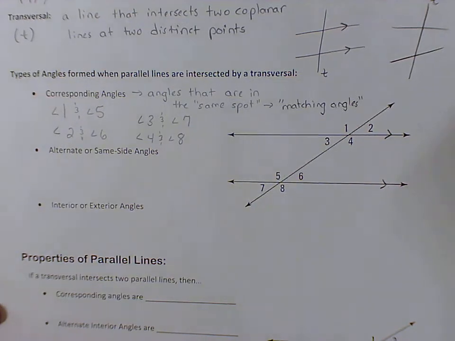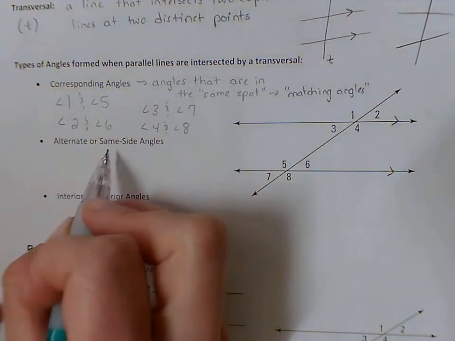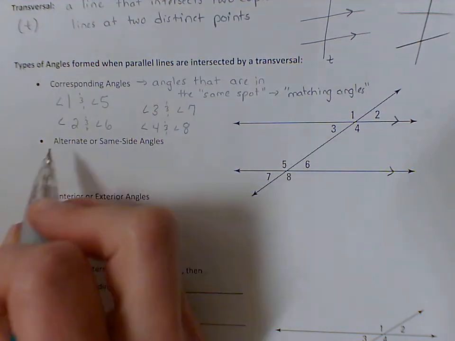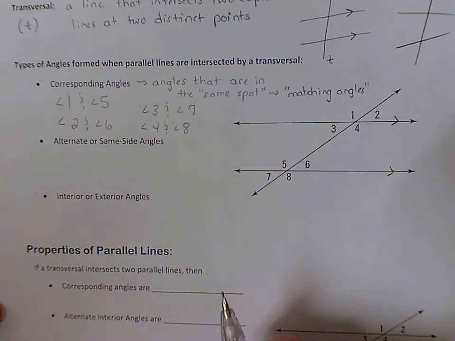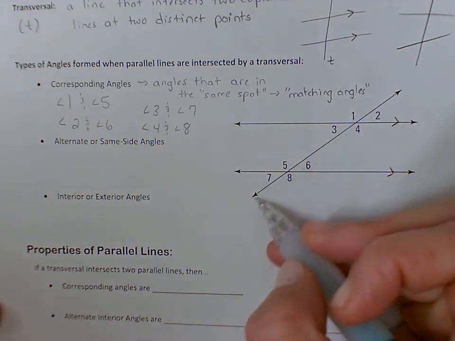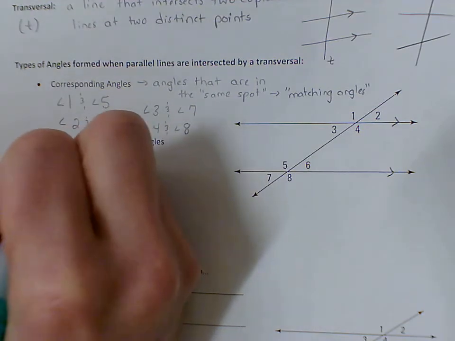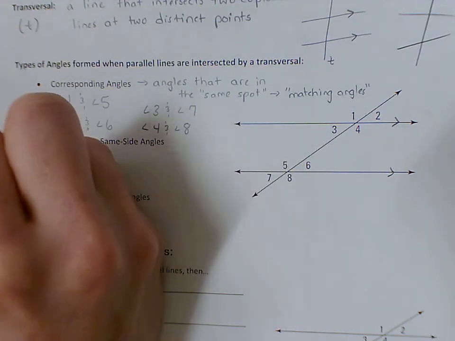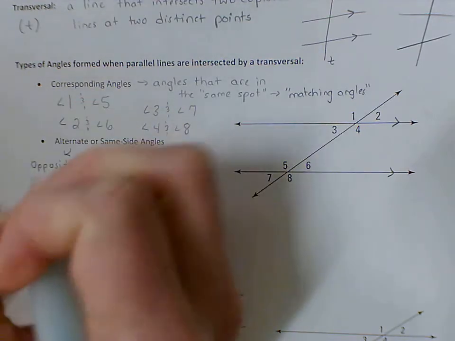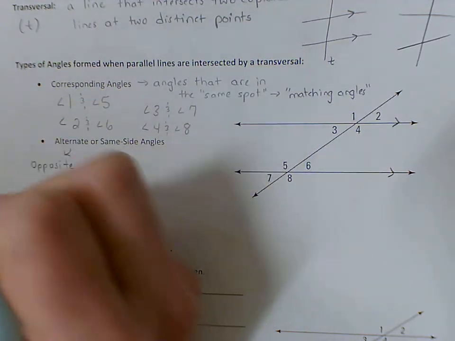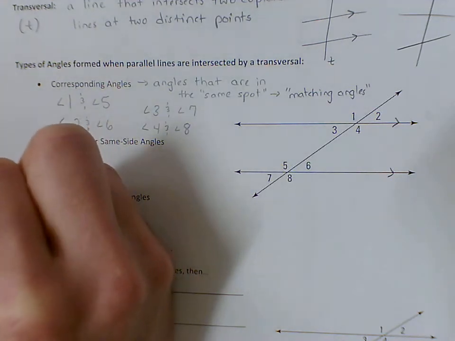Some other angles that we'll be talking about are what are called alternate angles or same side angles. So alternate and same side deal with the transversal, okay? Notice you've got your transversal here. To say that 2 angles are alternate angles, these are going to be the angles that are on opposite sides of the transversal. You've got some angles on one side, and the angles that are on the other side of the transversal would be called alternate.